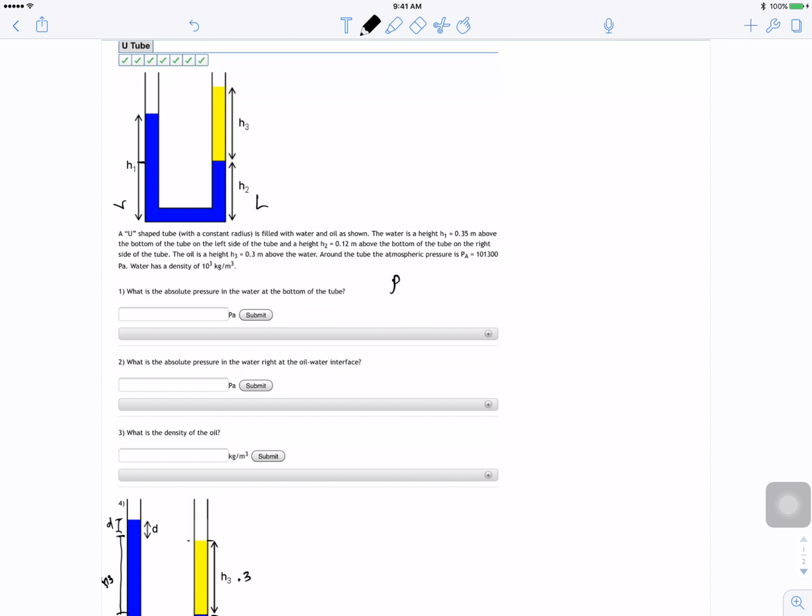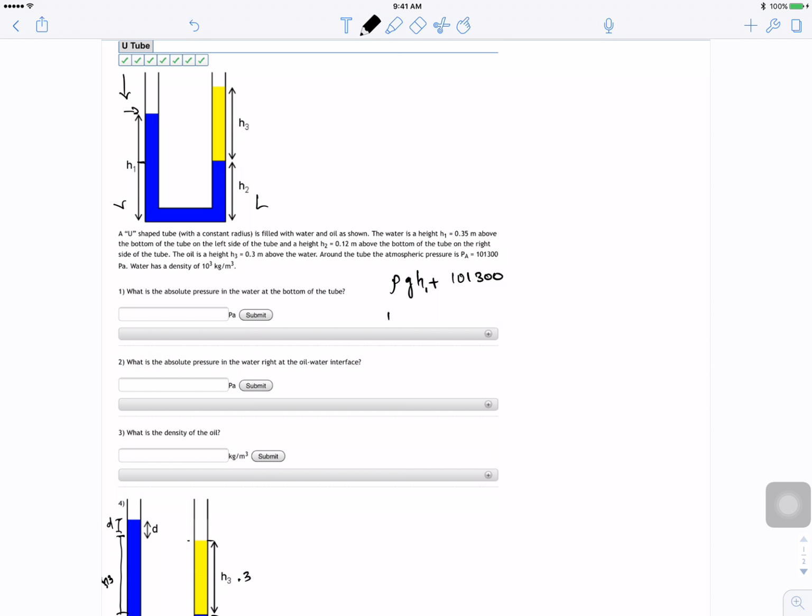So we're going to use ρgh plus 101,300, that's the atmospheric pressure we need to add at the top. This is H1.